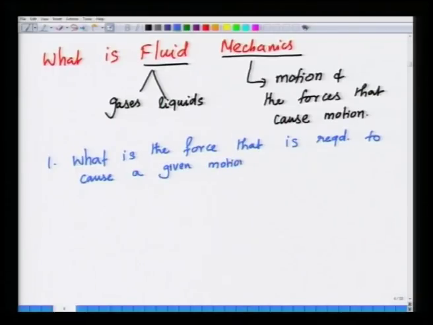For example, in the context of fluid mechanics, you may be interested in pushing a fluid in a pipe from one point to another. So, a typical question of engineering interest is how much power we need to spend in terms of pumping the fluid. So, ultimately fundamentally it translates to, from a mechanical point of view, what is the force that is required to cause the fluid to flow in a pipe. So, this is one of the questions that we ask.